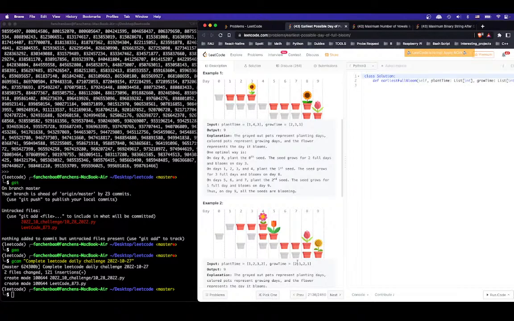And then first one, we do 1 day and I have 2 blooms. And then this one we have 2 and I have 1 bloom. 3 we have 2 blooms. 2 we have 1 bloom.